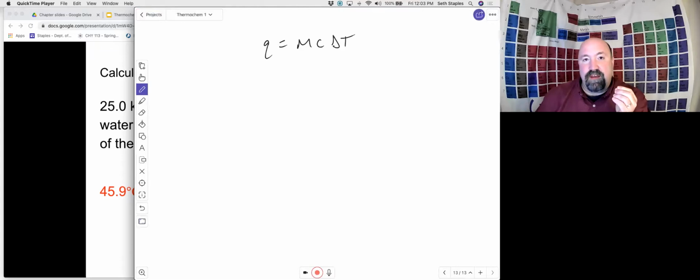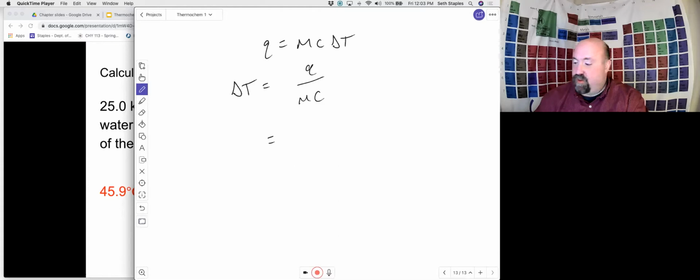We're going to use our Q equals mc delta T equation. We're given an energy, and we're given the mass, and we're given C, and we're given an initial temperature. So what we want to do here is solve for the change in temperature. Because if we find that, we can use that with the initial temperature to find the final. And so we're going to plug this in. And we also have to remember that C is given in joules.